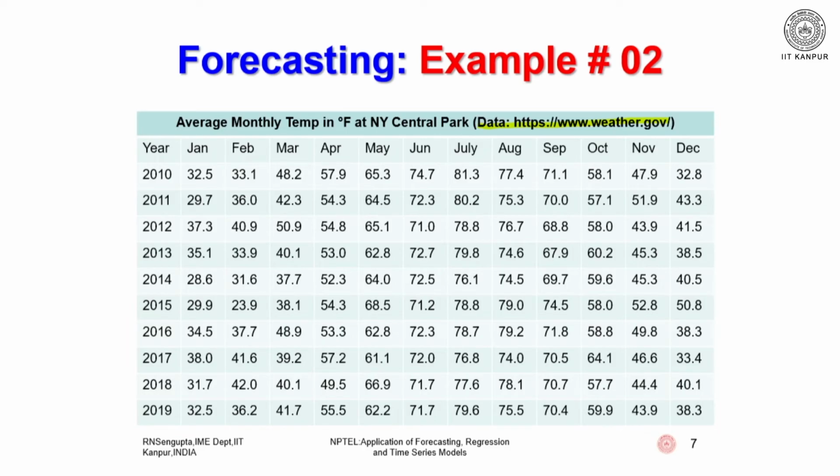So, what is there in the first column? It is the year starting from 2010 to 2019, and the subsequent columns are the months starting from January, which I am highlighting in yellow, till the last one, which is December. If I consider each row, for 2010, all the data starting from 32.5 till 32.8 is the temperature from January to December for that year.